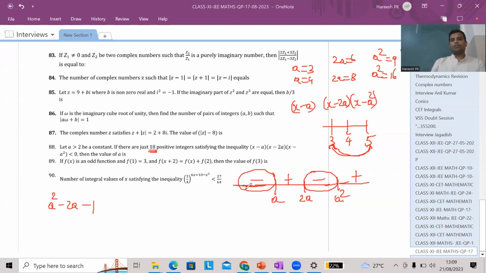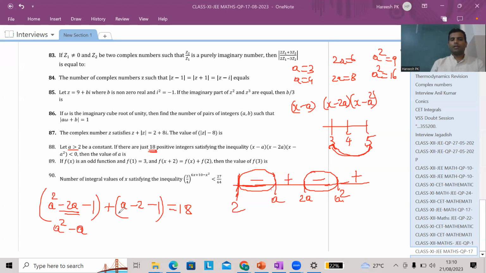Similarly, here, from a till where will it go? They have told a is greater than 2, so a should be greater than 2. Between a and 2, how many integers are there? Again, same logic: a minus 2 minus 1. So both of them put together, what they are saying is 18. A square minus 2a minus 1 plus a minus 2 minus 1 equals 18.